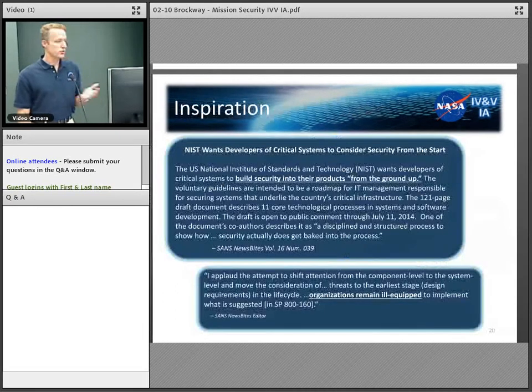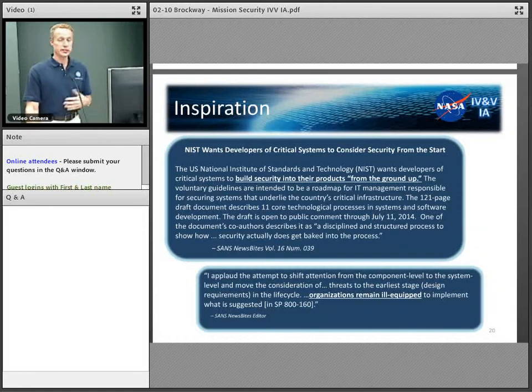And so it's just some further inspiration, and this is from the SANS Institute. Recently NIST had put out a draft for security engineering guidelines. The observation here is to build security into the products from the ground up, of course, which has an interesting meaning for an organization like NASA, because it literally is from the ground up.